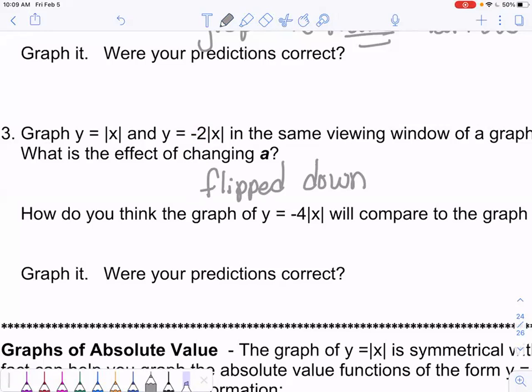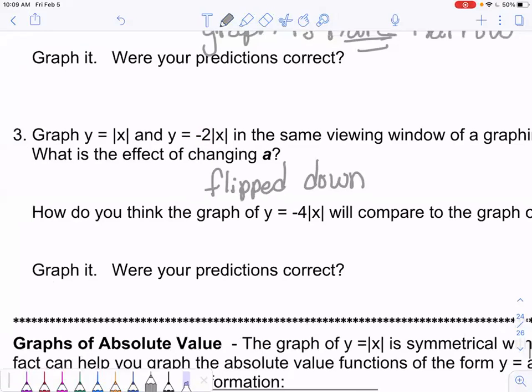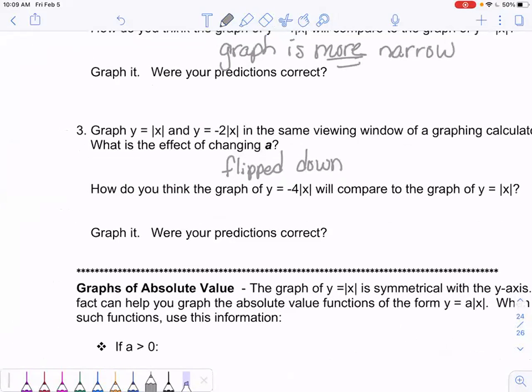How do you think the graph of negative 4x would compare? Well, it's still negative, so it's still going to flip down. And the 4 we know makes it more narrow. So the important thing to remember, a negative makes it flip down.